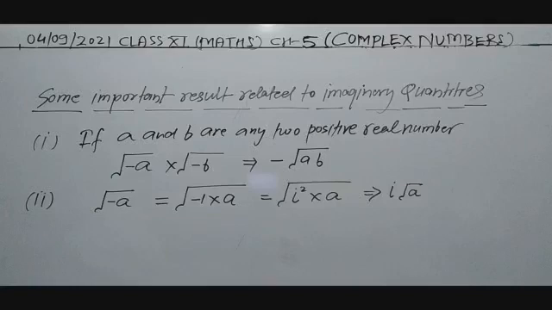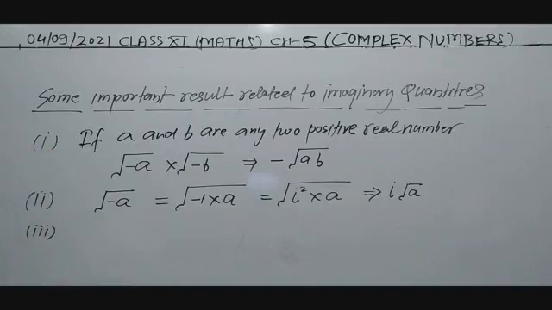Or you can write third. What is third? Third property is for any non-negative. Suppose a and b are both negative, we have taken positive.